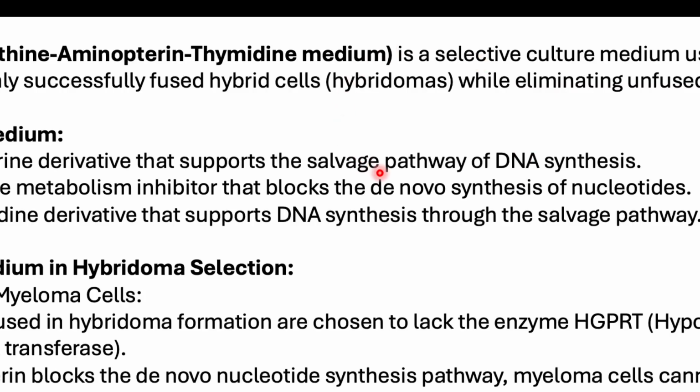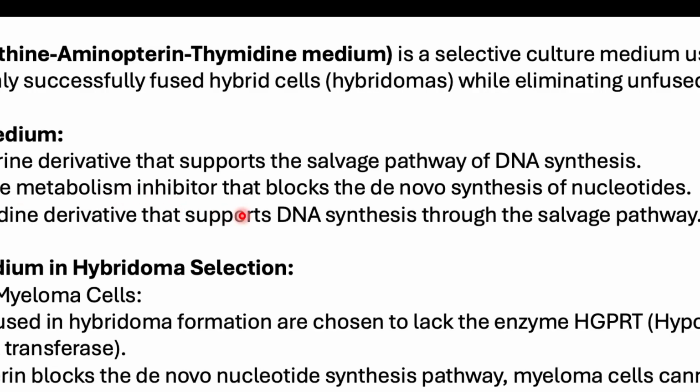For nucleotide synthesis and DNA synthesis, there is a salvage pathway. What are the purines we have? Adenine and guanosine are the purines, and the pyrimidines are thymine and cytidine. So hypoxanthine is a purine derivative that supports this salvage pathway.